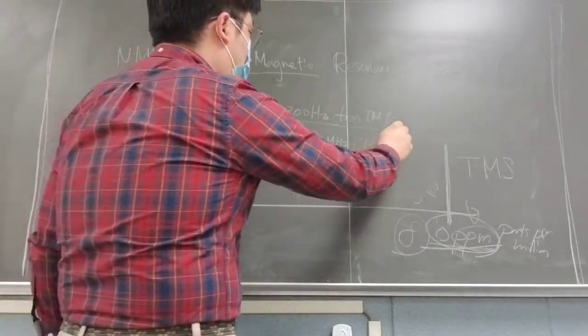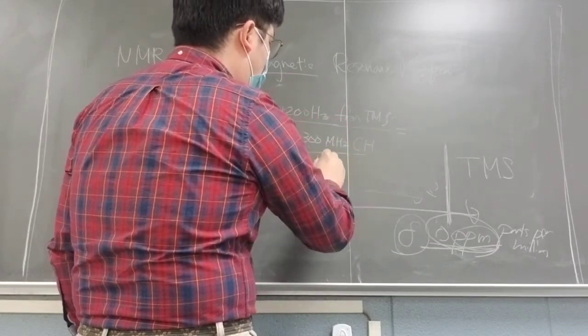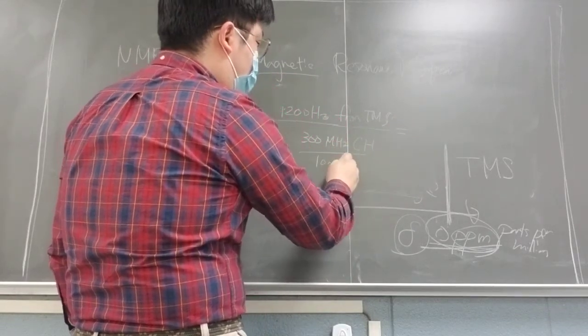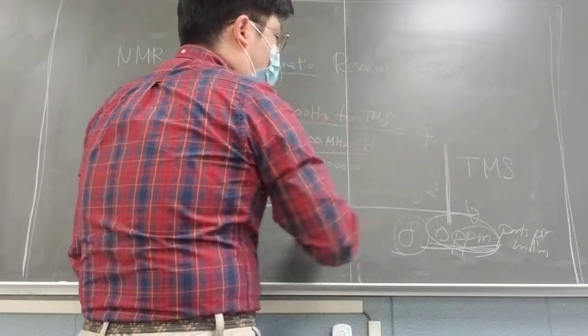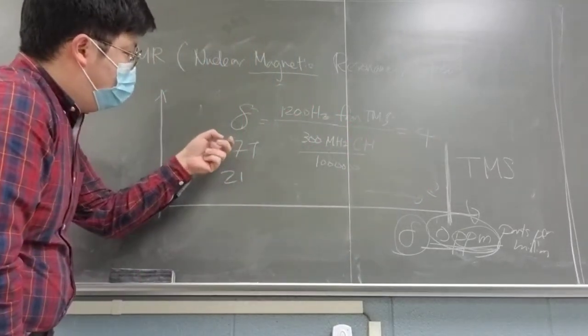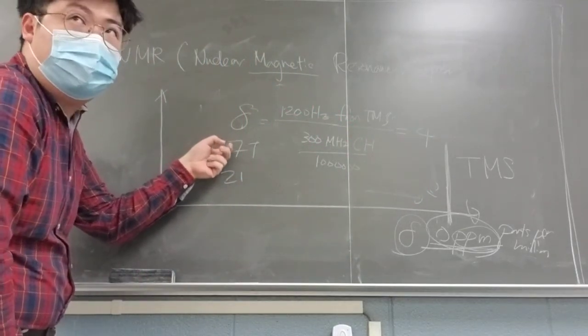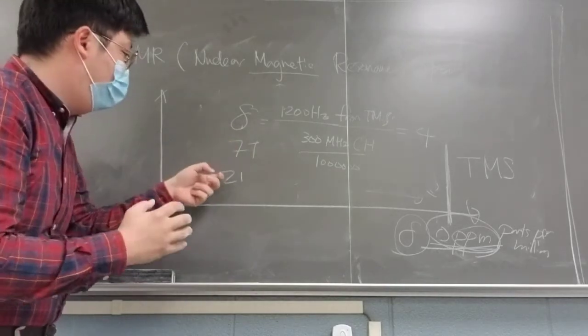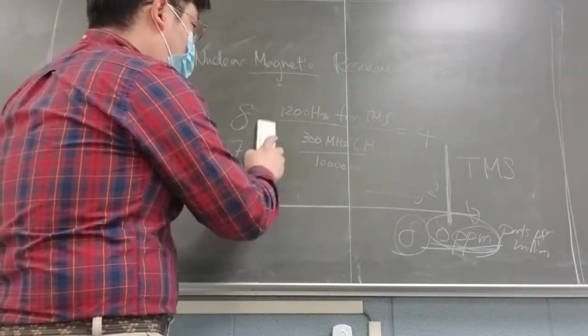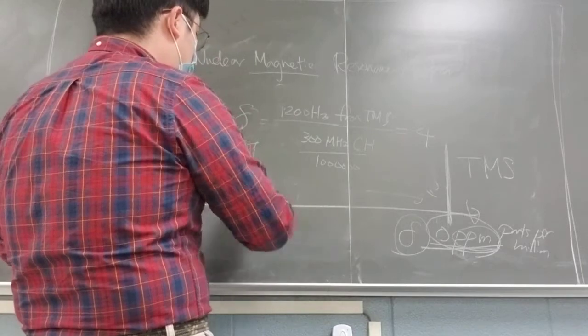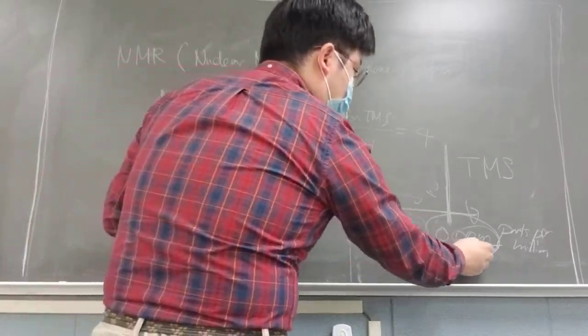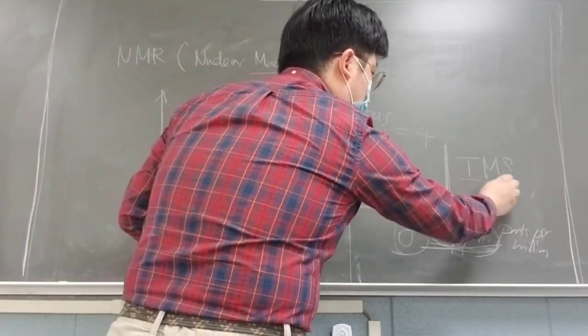The number you see over here is divided by a million, because mega means million. So even though you use a 7 Tesla NMR or 21, you're always going to see this delta location compared to the TMS.